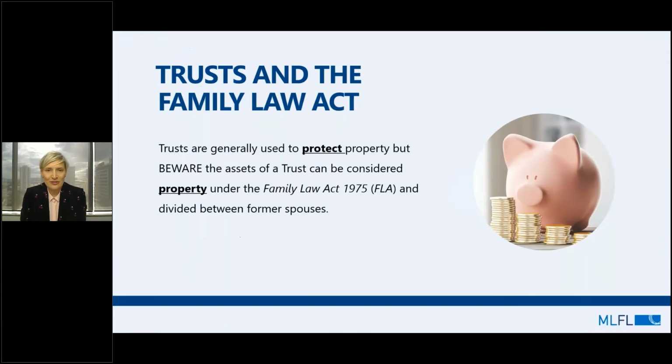So without further introduction, straight into the topic of trusts and how they are treated in family law property settlements. I guess there's a distinction in relation to the way trusts are generally used, which is to protect property. But in the case of family law property settlements, they can be considered property and divided between former spouses.